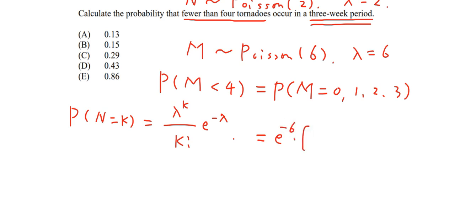For k equals 0, it's 1. For k equals 1, it's lambda, which is 6. For k equals 2, lambda squared, 6 squared, over 2 factorial, and k equals 3, 6 cubed over 3 factorial. Then we just do the calculation.